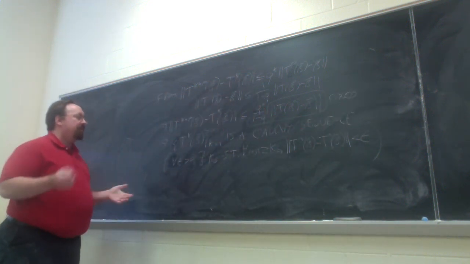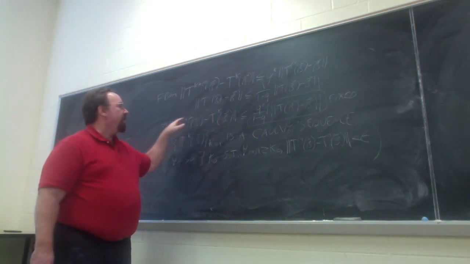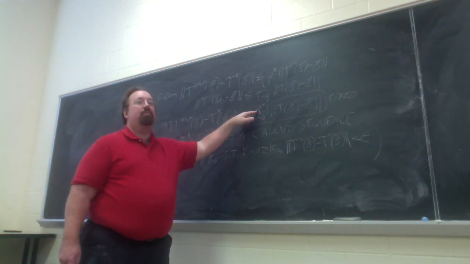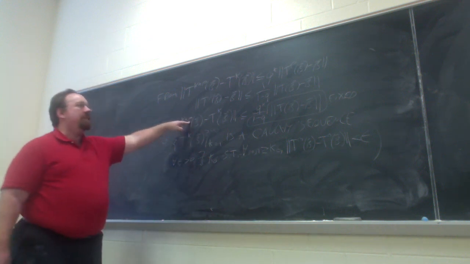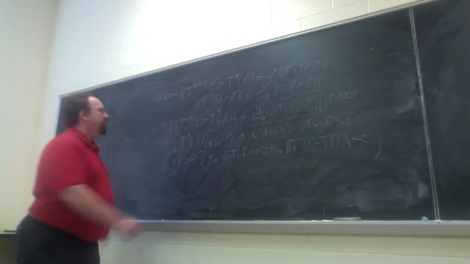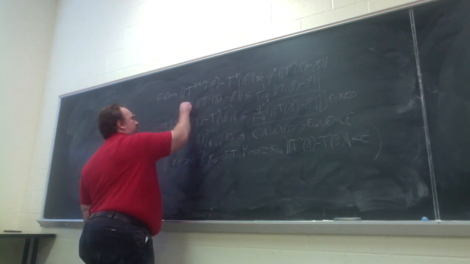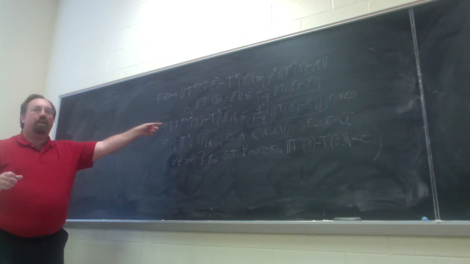So for any epsilon I choose, I can find a k large enough so that q to the k is as small as I want it to be. And p can be anything. So you can think of k as being my n down here, and this is my m. Because the key part is p can be anything I want. It doesn't matter what p is.